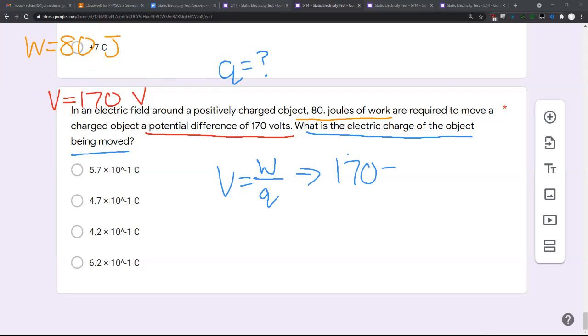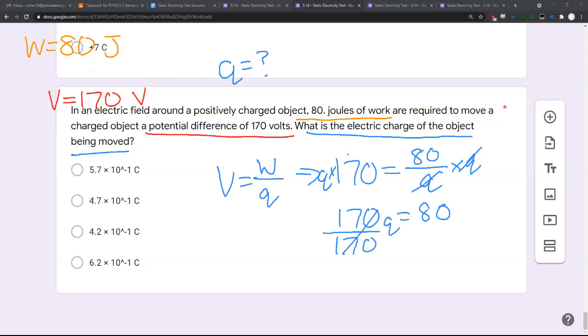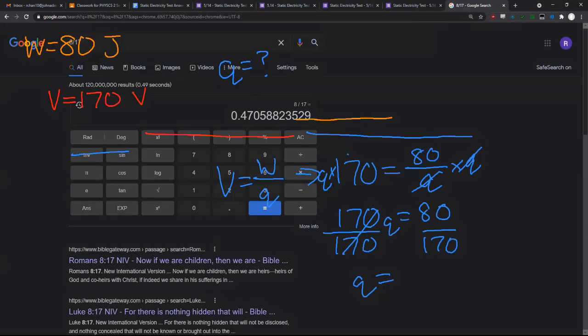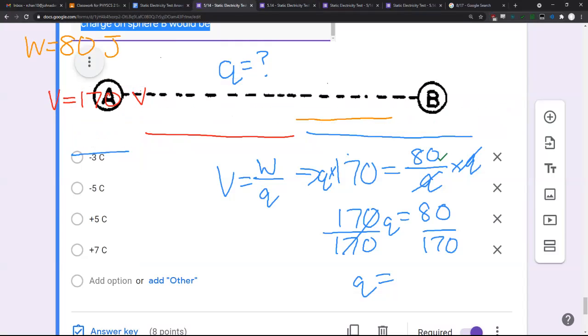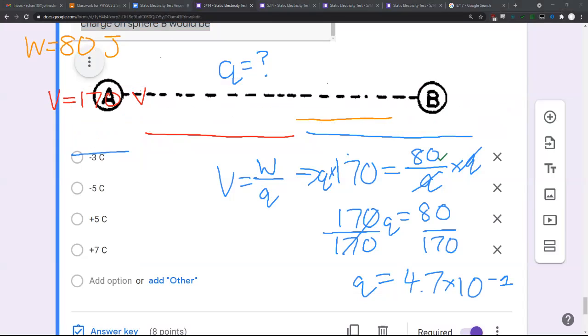So 170 is equal to 80 over Q. Multiplying by Q on both sides, you get 170Q is equal to 80, so Q is 80 divided by 170, and Q becomes 0.47, or 4.7 times 10 to the negative 1 coulombs.